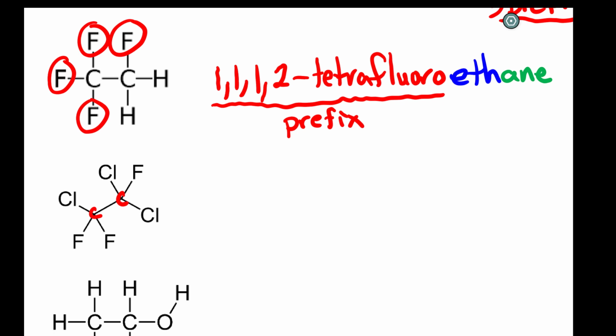So we got 3 chlorines, we got 3 fluorines. We're going to call this carbon here number 1. And the reason why, it has 2 chlorines on it. C comes before F, so we're going to call this carbon number 1. And of course we have to name it alphabetical, so it's got to be chloro first and then fluoro second.